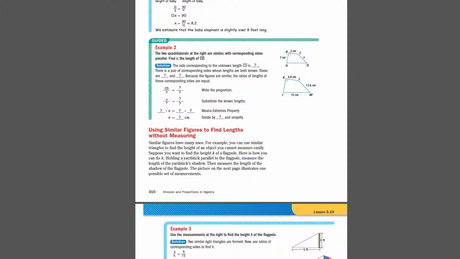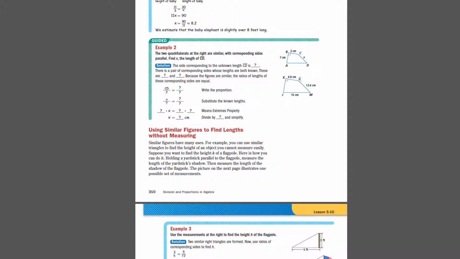Since we're looking for CD, these are oriented in the same way, which is convenient. We can see that LM is the side corresponding to CD. And so there's a pair of corresponding sides whose lengths are both known, and for those, that would be BC and KL.